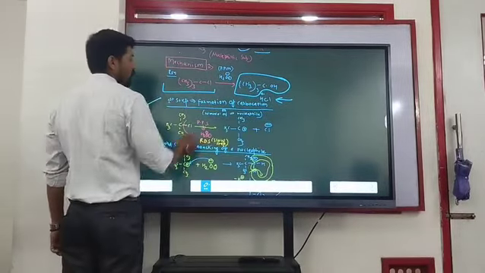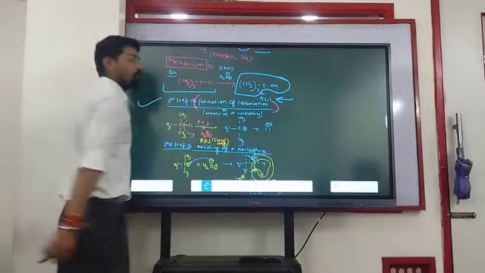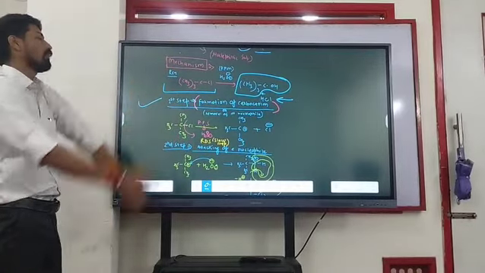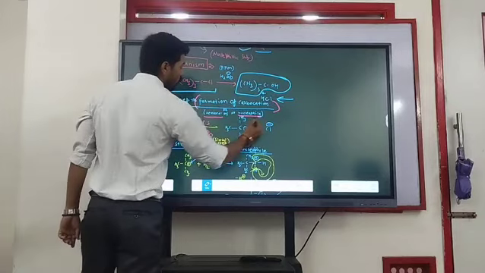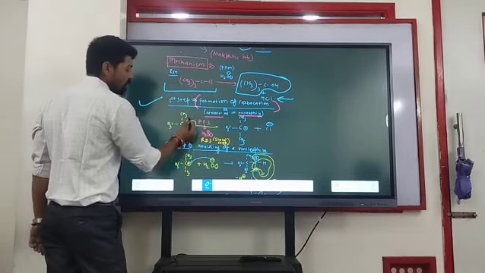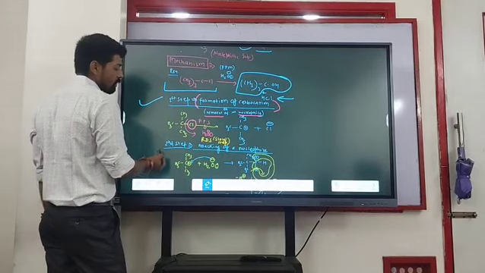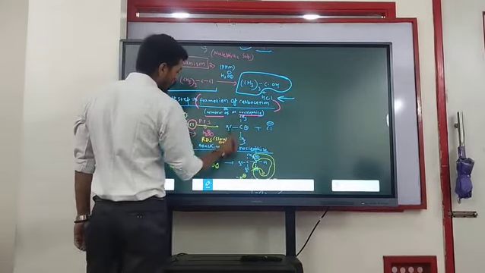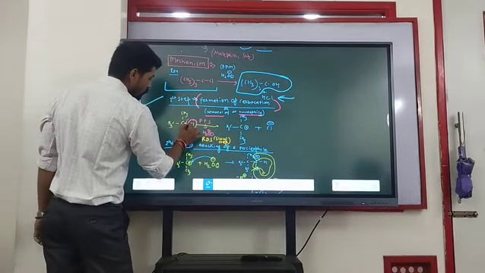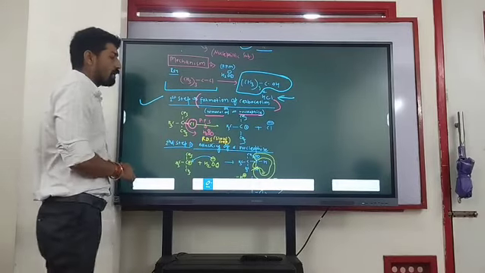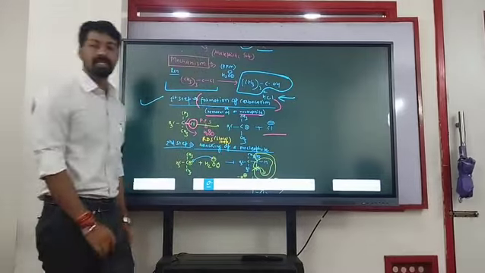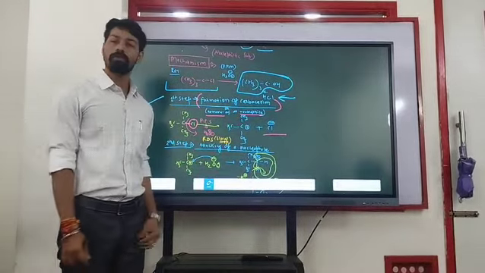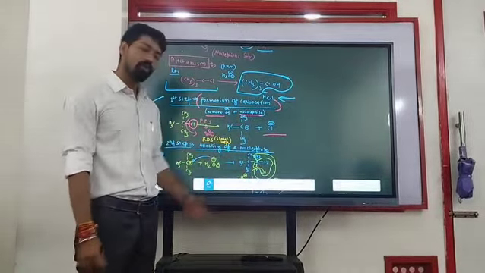In the first step, formation of carbocation, which means removal of the nucleophile. The chlorine is removed from this place and it will form carbocation, because here two electrons are there, which are taken by the chlorine. That's why chlorine has 1 minus charge, and carbocation is formed here.